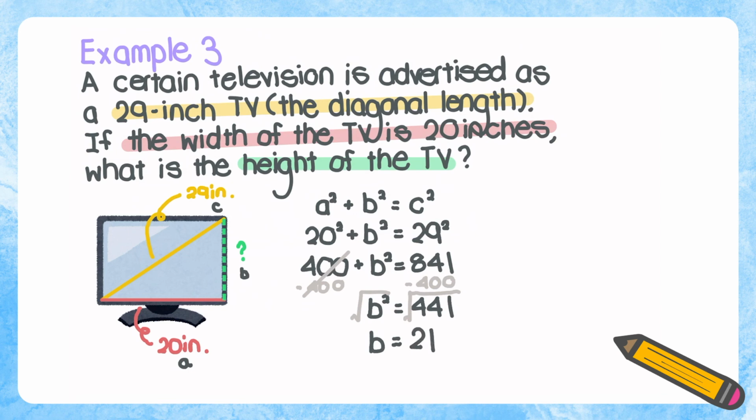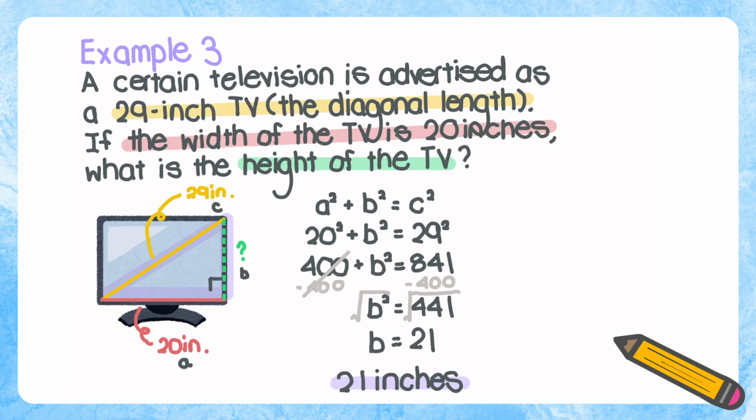And b represents the height of the TV screen, which in this case is measured in inches. So we've solved for the height of the TV, and the height is 21 inches. We were able to solve for this missing height by setting this problem up and visualizing the right triangle, and then using the Pythagorean theorem.